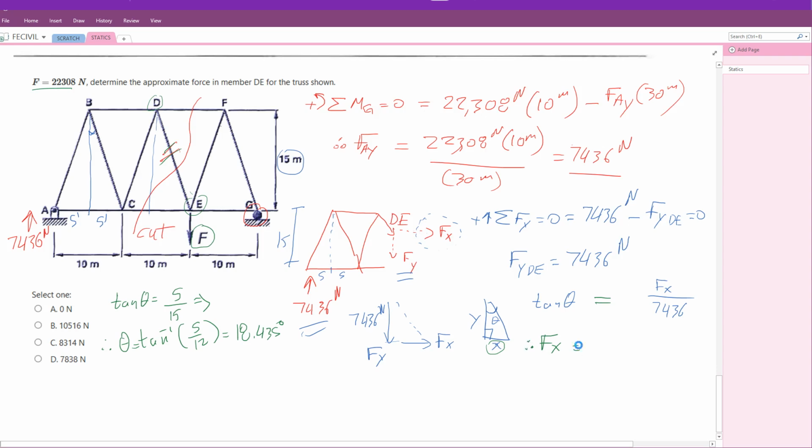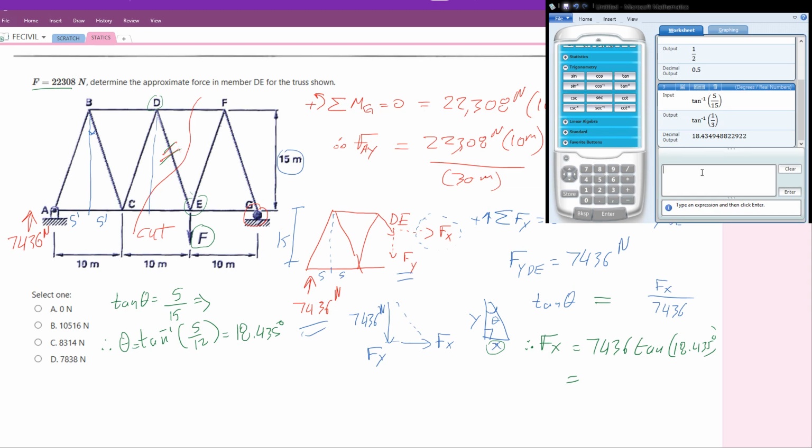Therefore Fx is equal to 7436 tangent theta. We know theta is 18.435 degrees.